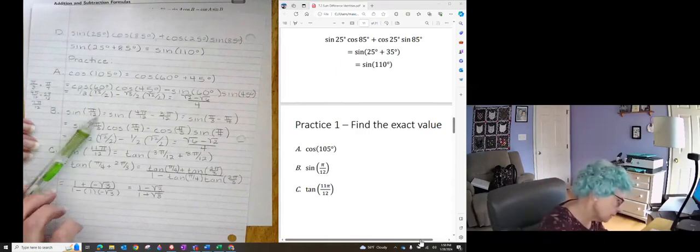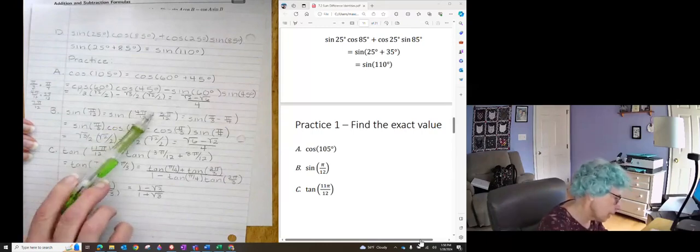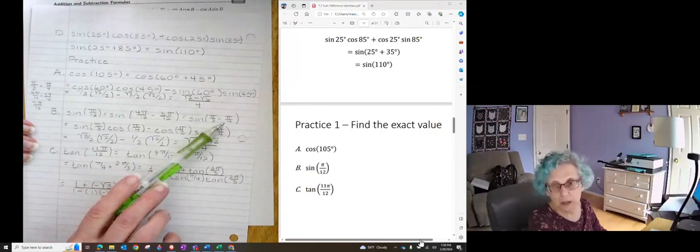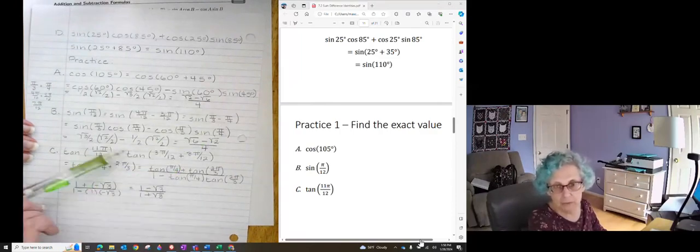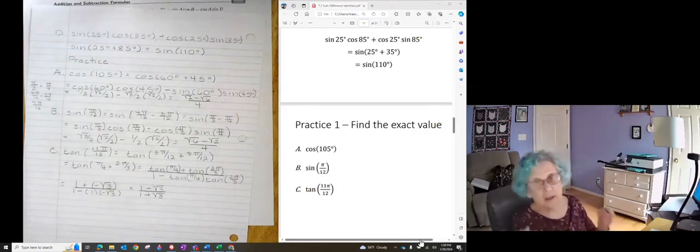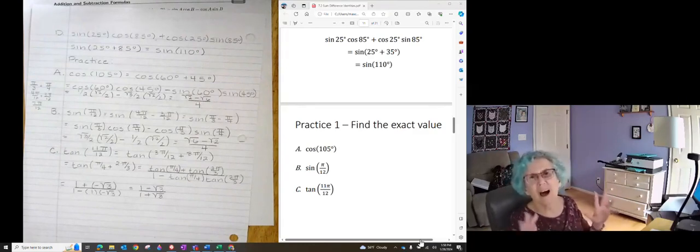Part B, we have sine of pi over 12. So I did 4 pi over 12 minus 3 pi over 12, which is pi over 3 minus pi over 4. And I end up with square root of 6 minus square root of 2. And yeah, you're going to see square root of 2 and square root of 6 a lot in these exact answers.